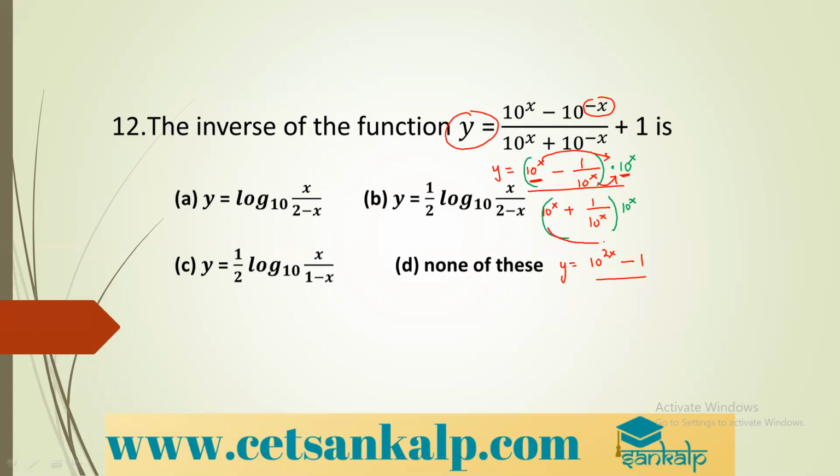Denominator also, when I multiply 10 power x and 10 power x, 10 power 2x, then 1 by 10 power x, I will multiply with 10 power x, 10 power x will cancel, I will have plus 1.